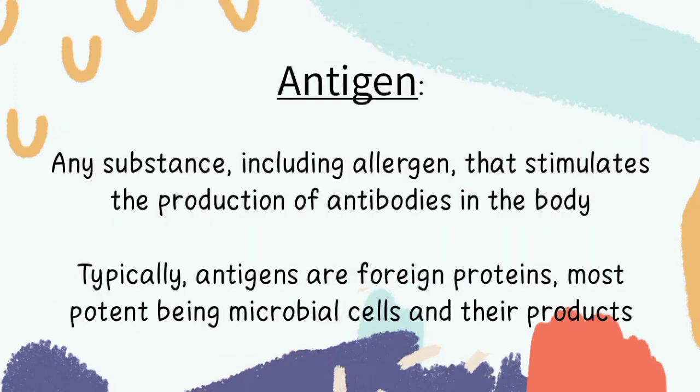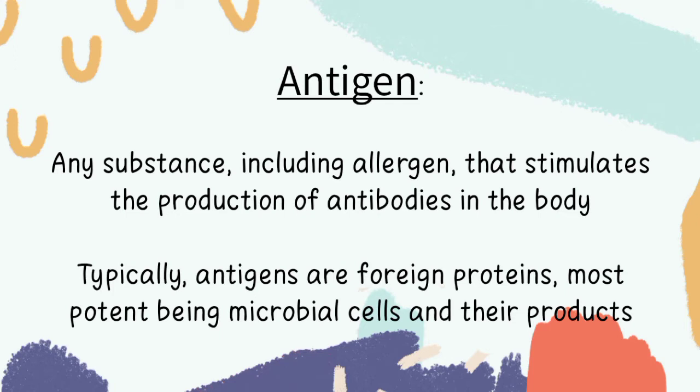Antigen is any substance, including allergen, that stimulates the production of antibody in the body. Antigens can be anything. If dust enters your nose and you start to cough and release mucus secretion, that dust is an antigen because it has made your body react in that way. So some antigens are good, some antigens are negative.